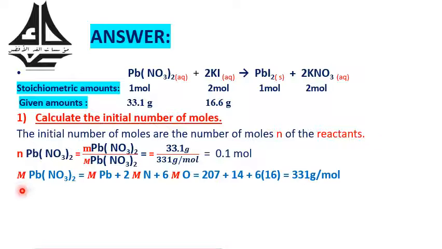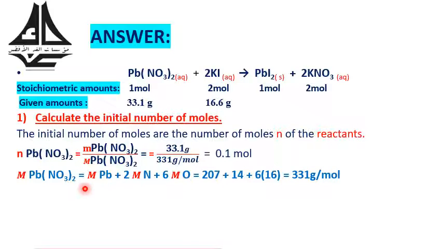And remember how to find the molar mass. Molar mass of Pb(NO3)2 equals M Pb plus 2 M N plus 6 times the molar mass of O, equals 207 plus 14 plus 6 times 16, equals 331 gram per mole.